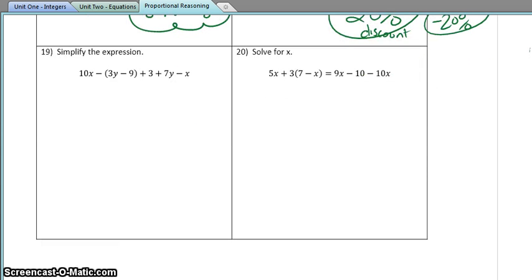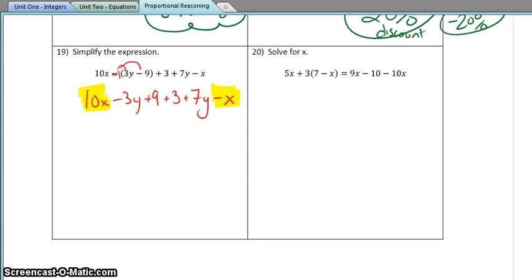All right, last two are pretty straightforward. Just check your answers as I go along and do these. Good golly, Miss Molly, we have to remember to distribute -1 here. 10x minus 3y minus 9 becomes plus 9, plus 3, plus 7y minus x. Let's get some highlighters here. X's, and y's, and numbers.